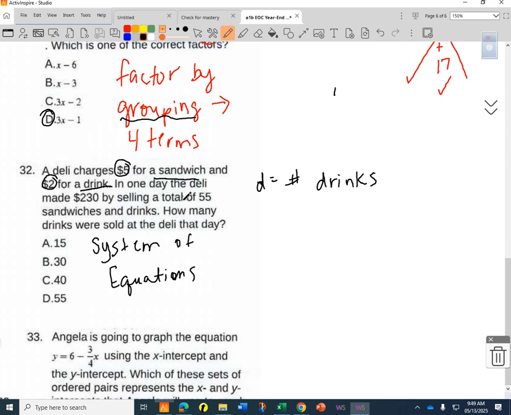They tell us in one day the deli made $230 by selling a total of 55 sandwiches and drinks. So we really have 2 different sets of information here. So they made $230 by selling sandwiches and drinks. While they don't ask us for the number of sandwiches, that is also a variable we need to define.